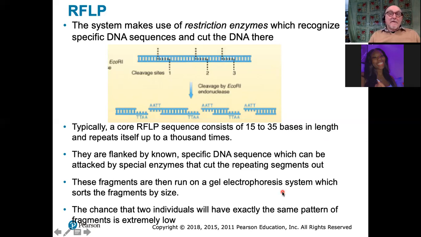So the first thing is that these RFLP fragments are very big. The second thing is, because they are very big, there's a huge amount of variability in the human population as to how long those fragments are. And the chances of inheriting a particular combination are very small.